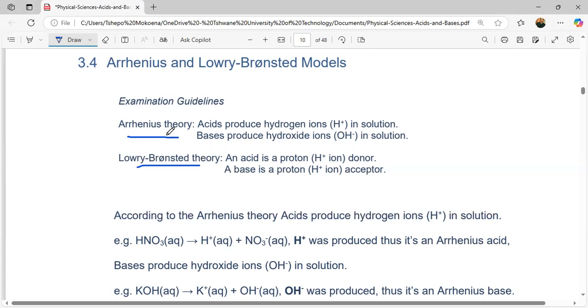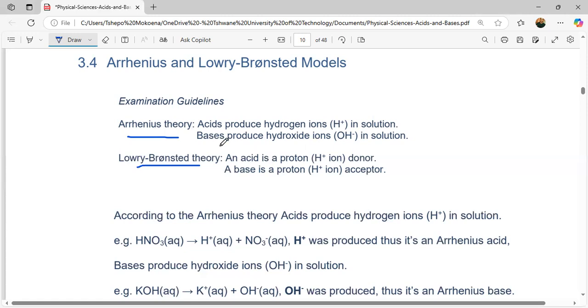Because here, according to Arrhenius' theory, when we look at the base, some of the bases behave in such a way that they actually do not form hydroxide ions in the solution. So it's more or less like we have exception on how base react by the theory that was discussed by Arrhenius. And these two guys realized that no, actually base is a proton donor, and each and every base, this is how it behaves.